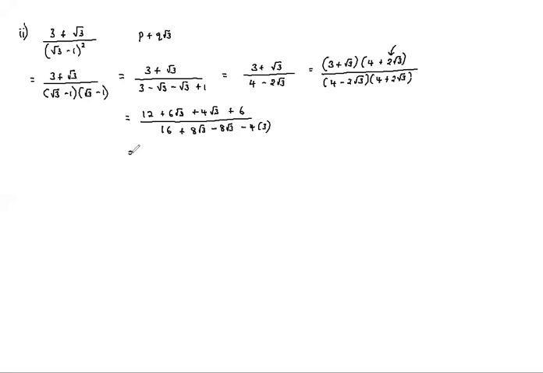So on top we'll have 12 plus 6, 18, plus 6 plus 4, we have 10 root 3 over 16 minus 12, because this will be 12 here. So 16 minus 12, we get 4. So it becomes 18 over 4 plus 10 over 4 root 3.